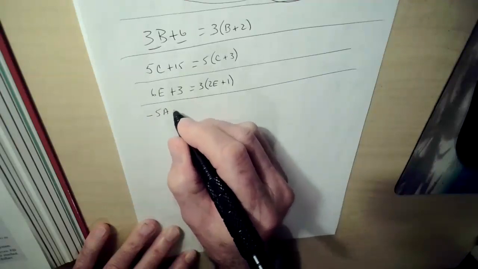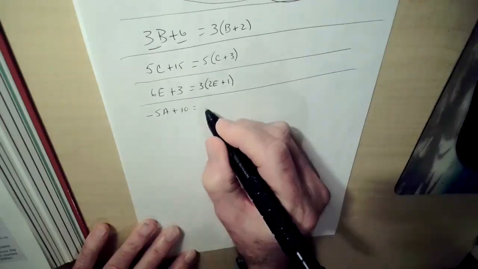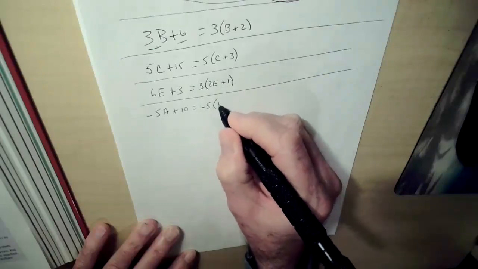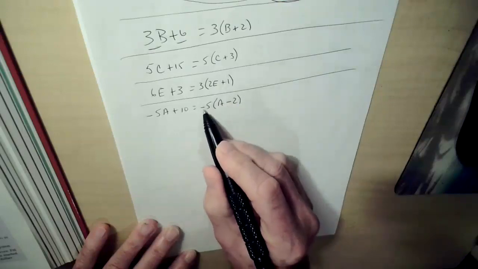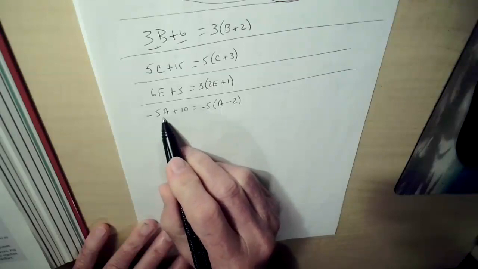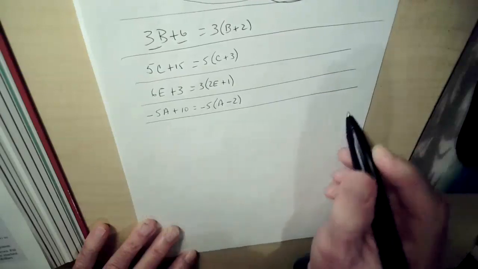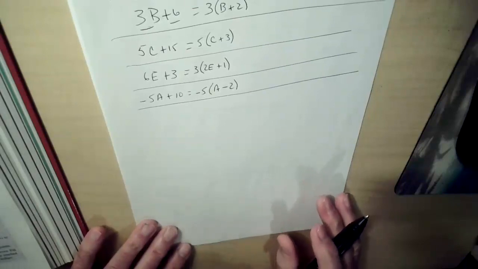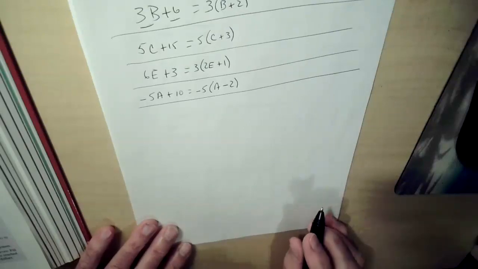This, if you're so smart: negative 5a plus 10. What can we factor out of both of these? Negative 5 times a minus 2. Negative 5 times a is negative 5a. Negative 5 times negative 2 is a positive 10, so we're correct there. Everybody okay with this? Like I said, this is not going away. You're going to see this forever.